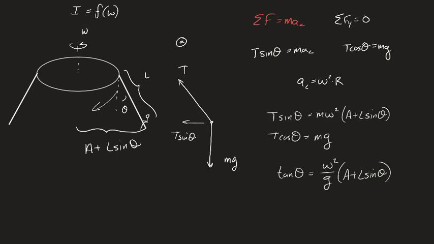And all we actually need is omega, so I'm going to solve that for omega. And you get g tan theta all divided by A plus L sine theta, and that's all going to be under the square root.